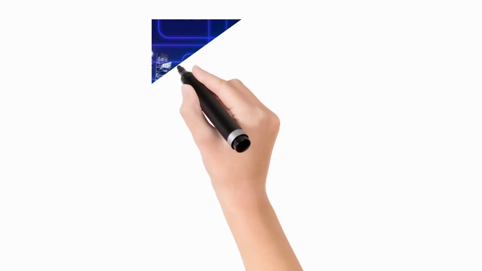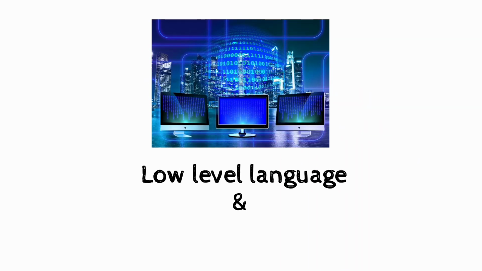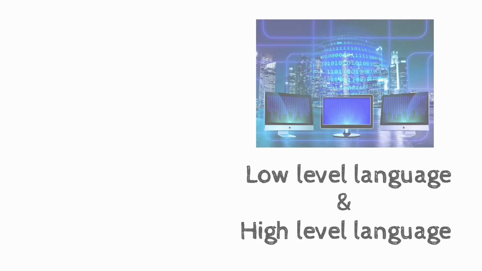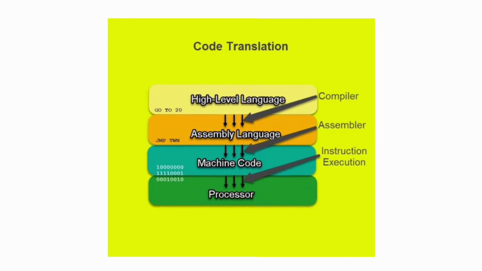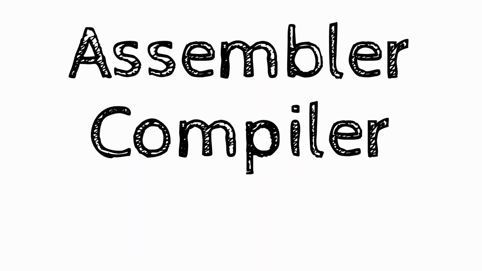There are many computer programming languages, including low-level languages and high-level languages. And there are language translators, which transfer high or low-level languages into machine code. All the software available for this purpose can be differentiated into many categories: assembler, compiler, and interpreter.